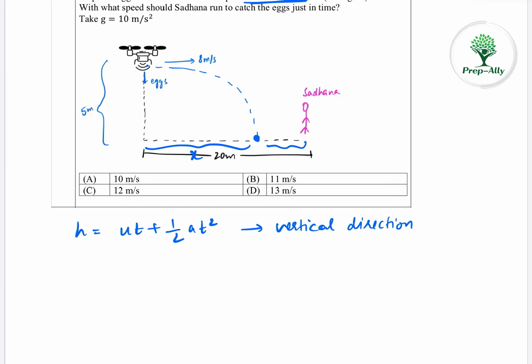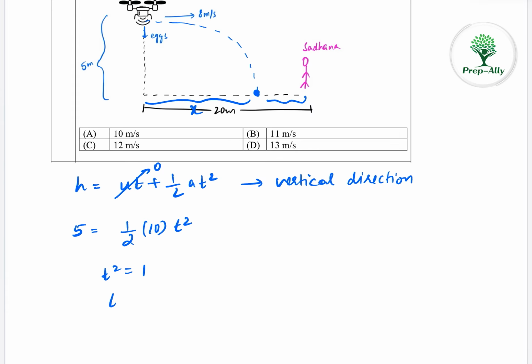Now in the vertical direction there is no velocity, only horizontal velocity is there. So it has to fall through a height of h. Half acceleration is 10 t square, so t square is 5 into 2, 10 by 10, 1, which means t equal to 1 second. So within 1 second the eggs will now fall to the ground.